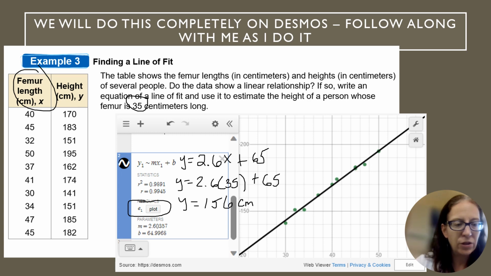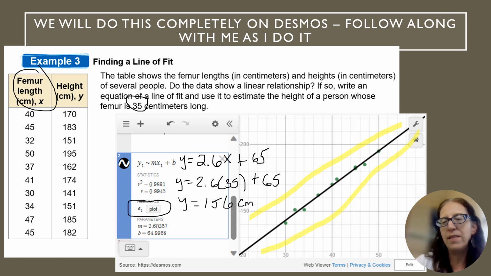Let me change it to the highlighter. There might be a band on either side of this, with age instead of femur length. They'll have a line of best fit for the data and then a band around it, and anything inside that band is considered normal and healthy.